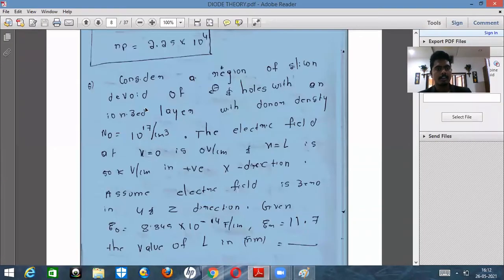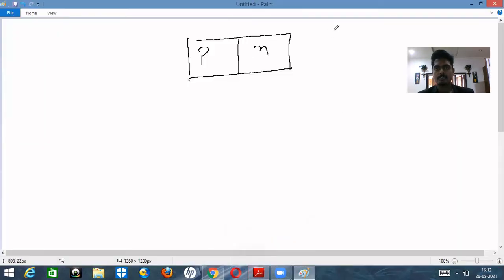Okay, so they have said consider a region of silicon devoid of electrons and holes with an ionized layer with donor concentration Nd. In case of donor, N side, the donor concentration is given per centimeter cube.